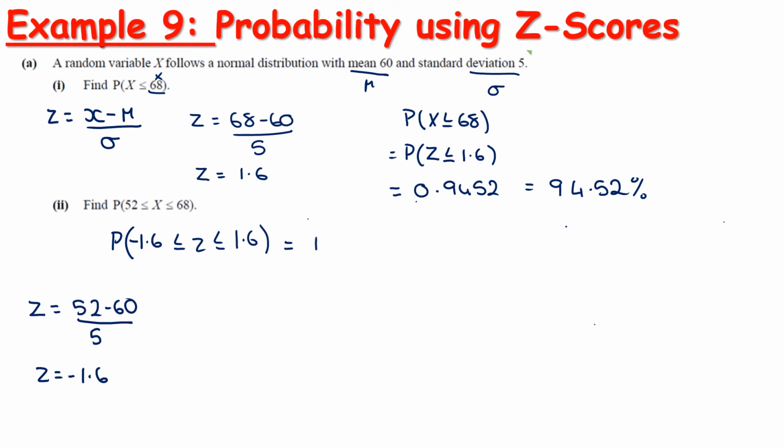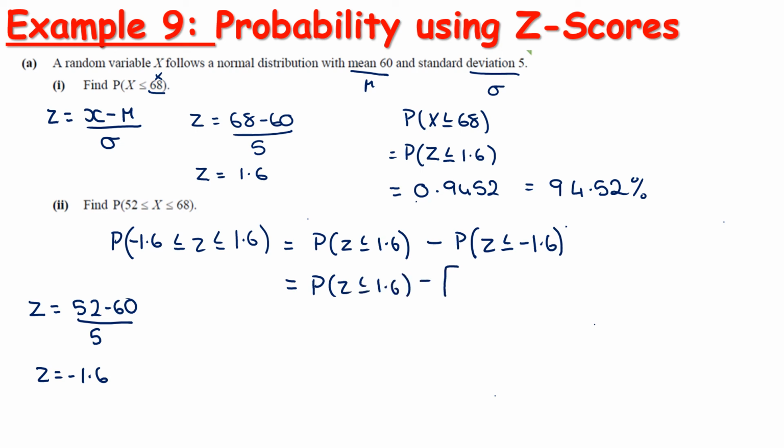To split that up, we get the probability that z is less than or equal to 1.6 minus the probability that z is less than or equal to minus 1.6. And working that through, we get the probability that z is less than or equal to 1.6 minus 1 minus the probability that z is less than or equal to 1.6.